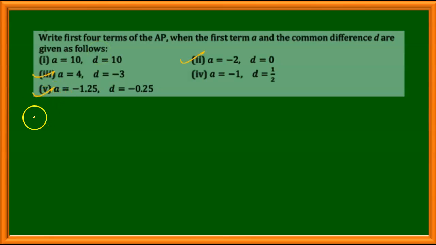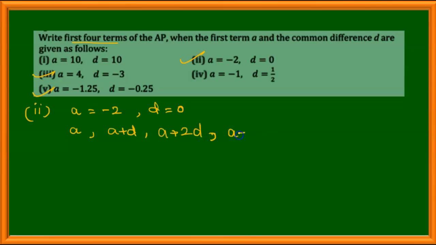Okay, so here the second one we can write. a is given as minus 2 and d is given as equal to 0. So you are asked to write the first four terms of this AP. So a is minus 2, correct? The terms of the AP are in the form a, a plus d, then a plus 2d, and then a plus 3d.